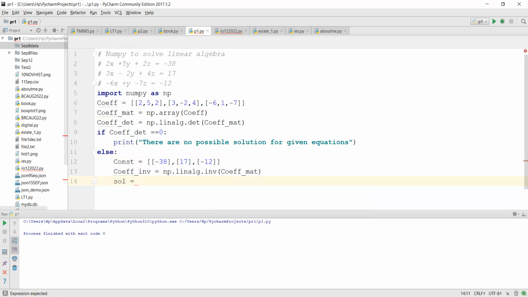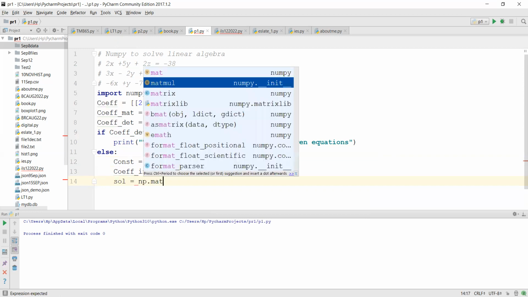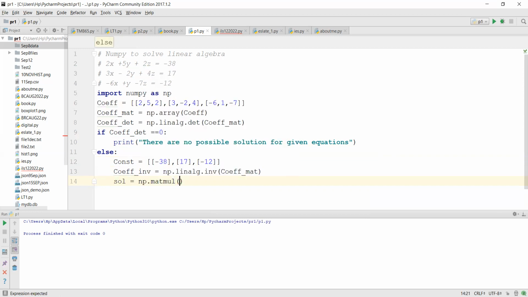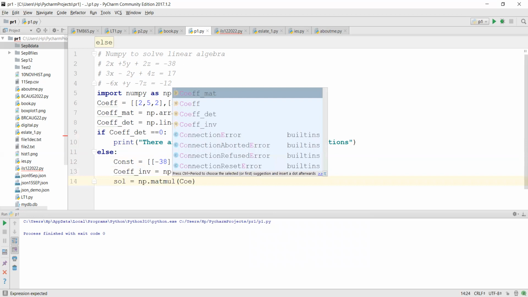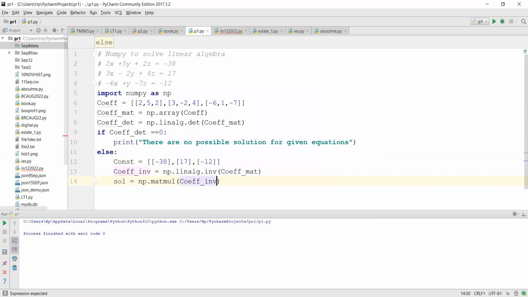So this is your inverse, right? So np dot matmul, first you put this inverse matrix, which is coef inverse, comma, multiply this with constant. This is just solution. Print solution is solution. Okay, and you run it.